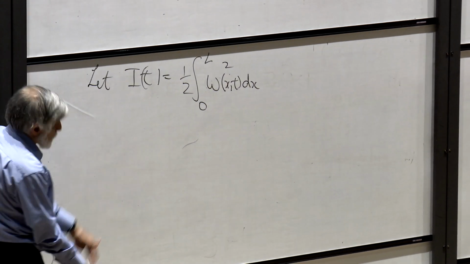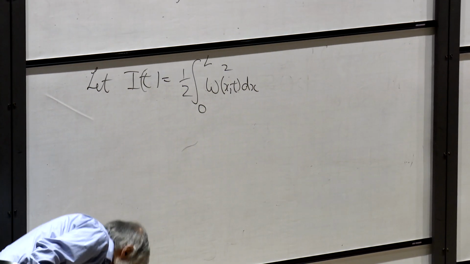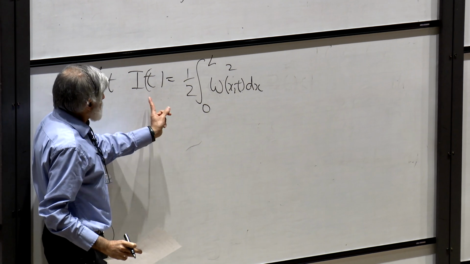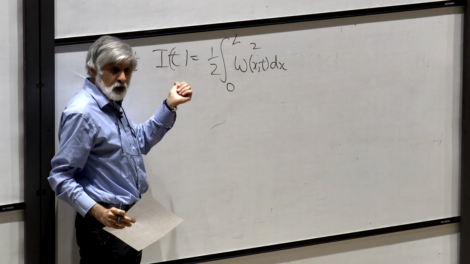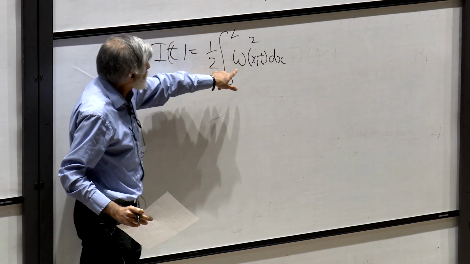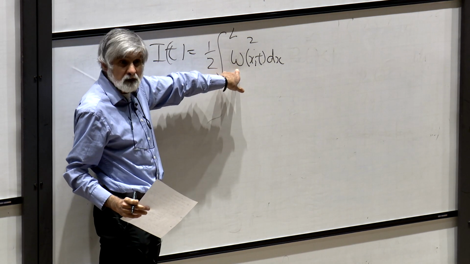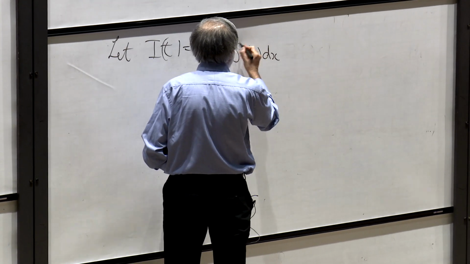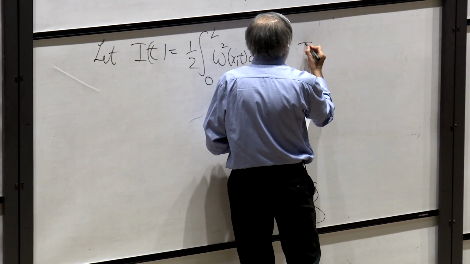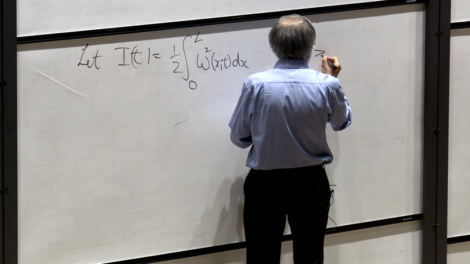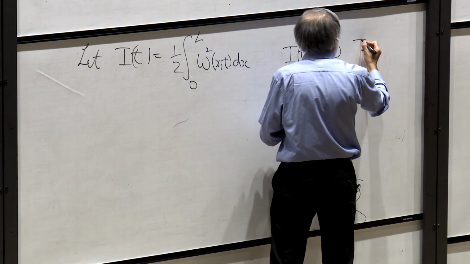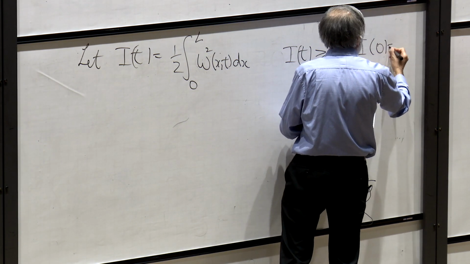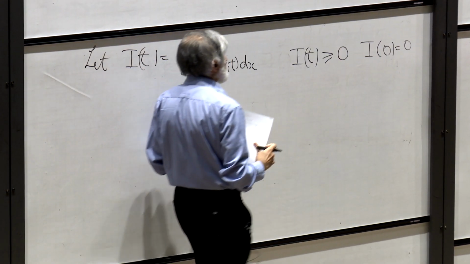Basically, if we could show that this is 0 for all time, then it follows that w is equivalent to 0. Okay, that's w squared. All right? So one thing we know is that I starts off at 0.